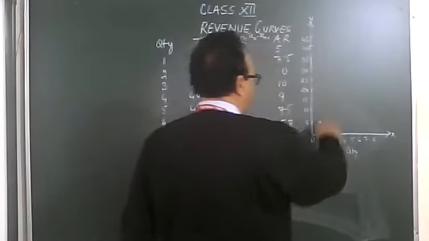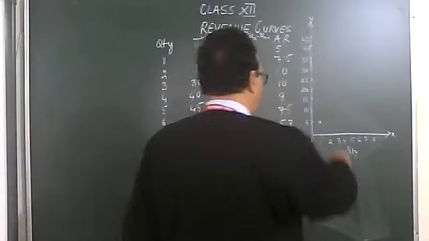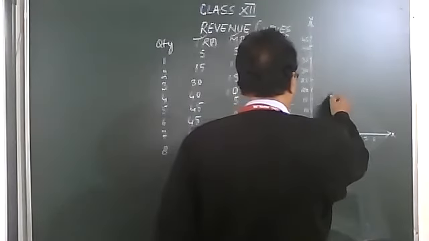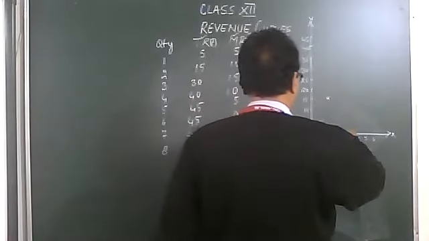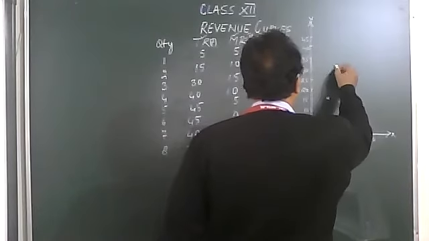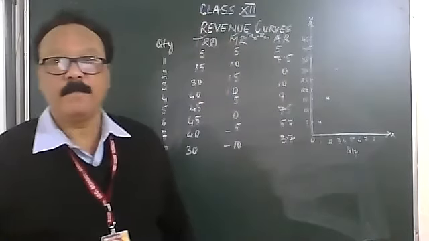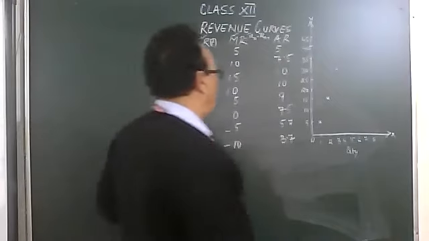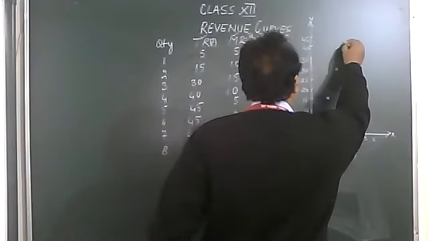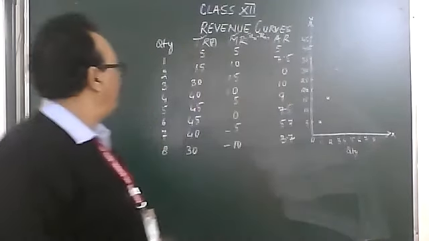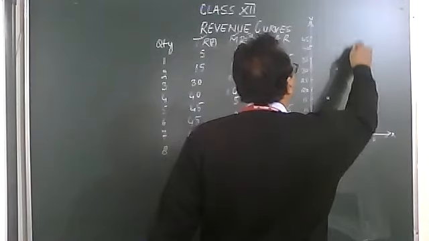Take the scale, place it against this, put a dot all across. When it is 2, it is 15. 3 is 30. Please use your scale so that you can get the placement correctly. 4 is 40. 5 is 45, right on top.